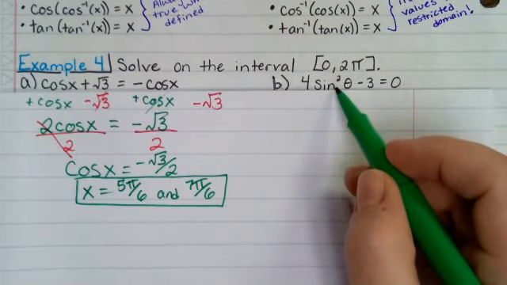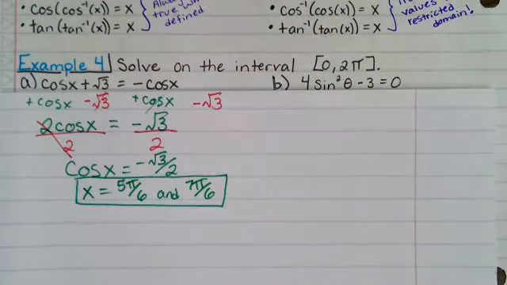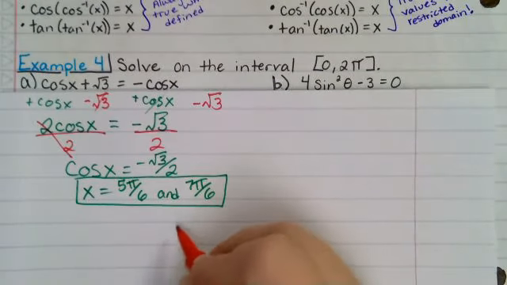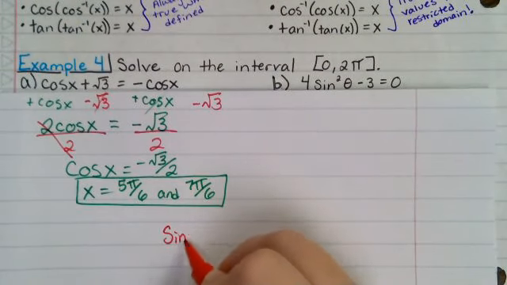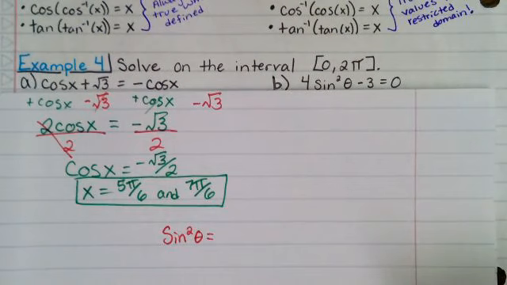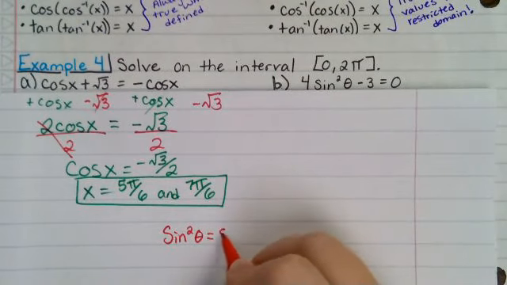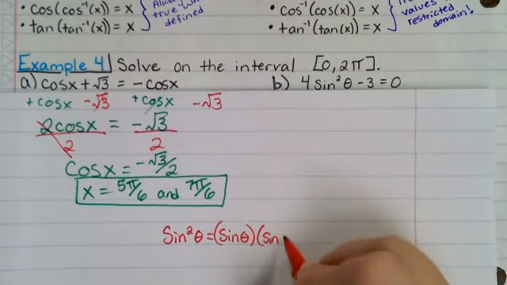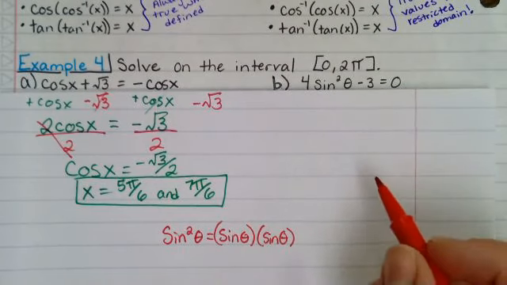The other thing people see is that sine squared and they're like, I don't know what to do with that either. It's just a notation type of thing. Sine squared theta is the same thing as sine theta times sine of theta, right?